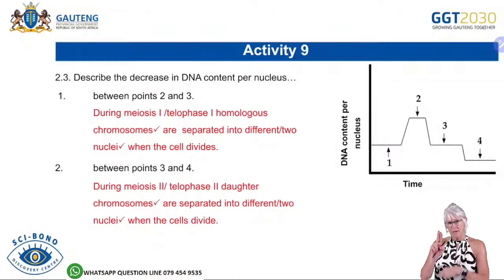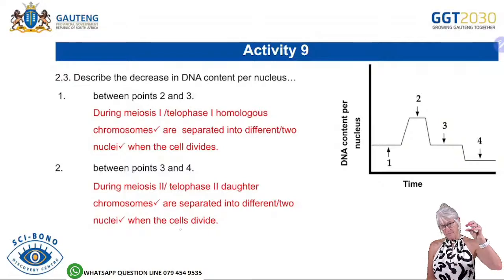So now we no longer have a replicated chromosome, they're separated. And so now we have a single or unreplicated chromosome going to each cell. And then, so we've divided the chromosomes into 2 nuclei when the cell divides. And so that is how we've gone from a full amount of DNA down to half.